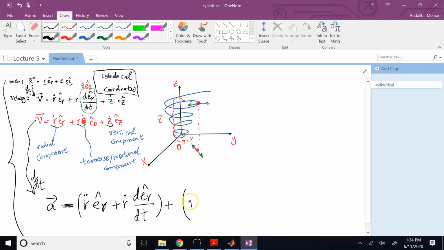So it is going to be the derivative of the first one times the two others, plus the first one times the time derivative of the second one times the third one, plus the first one times the second one times the derivative of the third one. The last term, z dot ez, remember ez is constant, so it is only going to be z double dot ez.